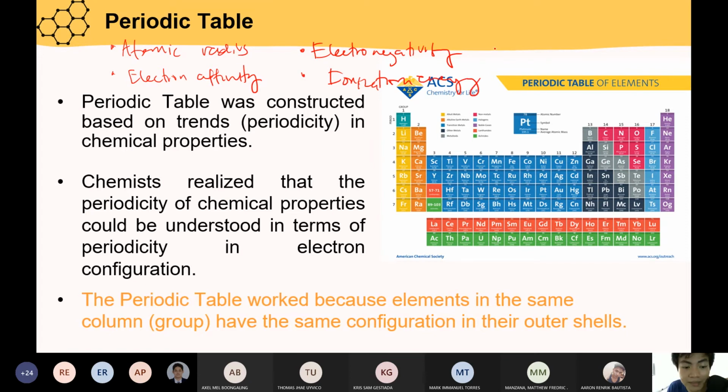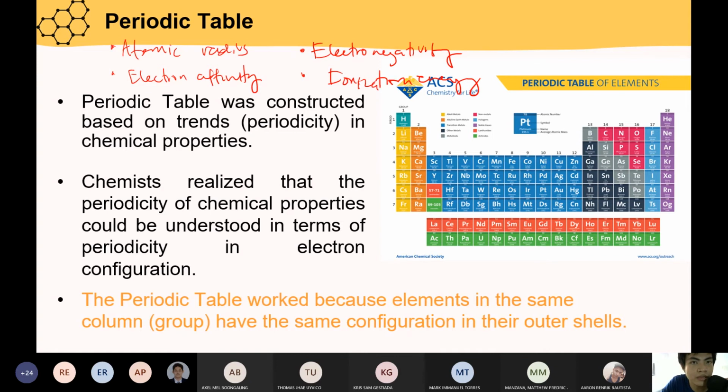Okay? So, yan yung apat na trends sa periodic table na we will discuss today. Again, before, ang knowledge nila with the periodicity of the elements is that they behave similarly in terms of chemical reaction, which is still true until this time now.